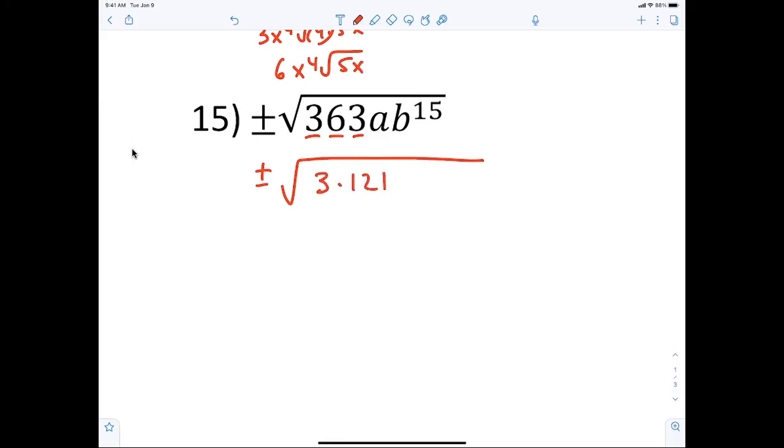Because it's a perfect square. And b to the 14th, and then b. Come on, we're getting the hang of it now. Square root of 121. 11. So it's going to be plus or minus 11. What's the square root of b to the 14th? b to the 7th. What's left behind? 3ab.